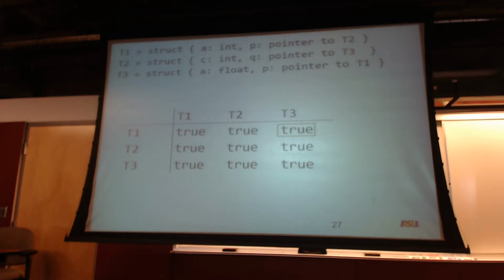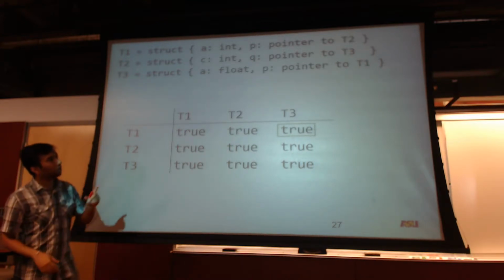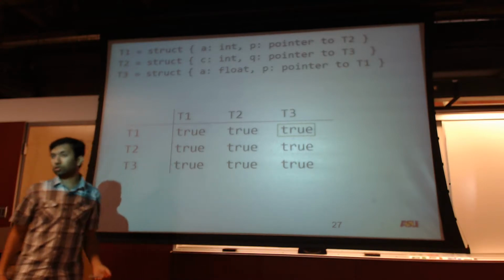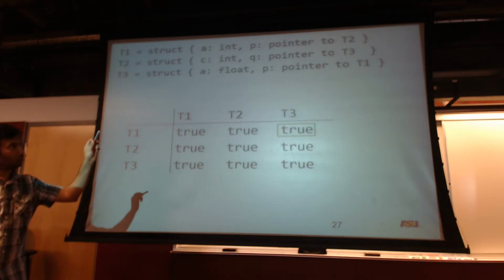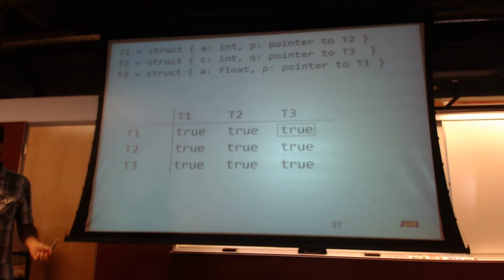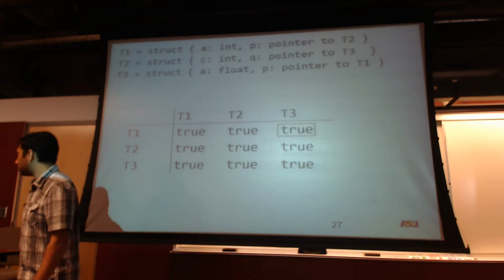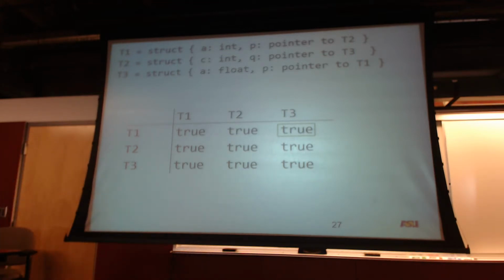Let's check T1, T3. We have this structure, so apply rule number 3. The first element has to be structurally equivalent. Are they structurally equivalent? No. So immediately T1, T3 is false. So we change it to false.